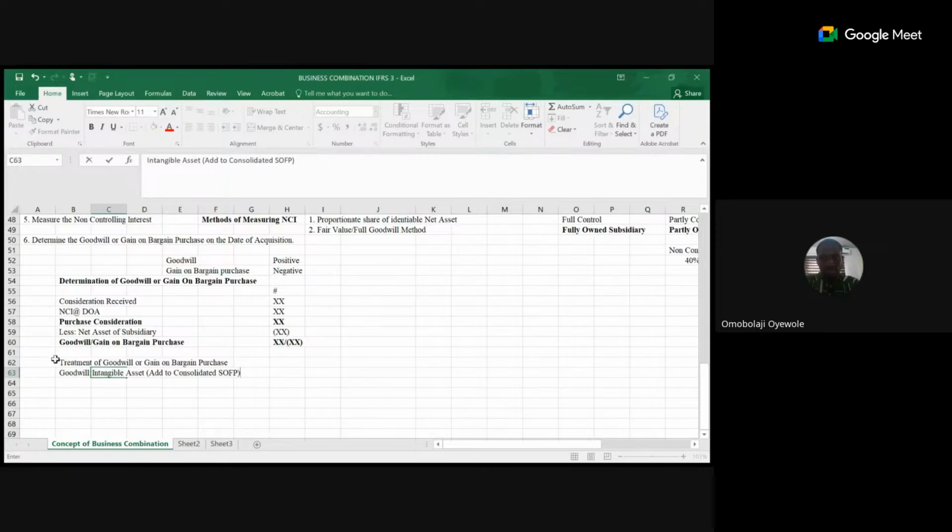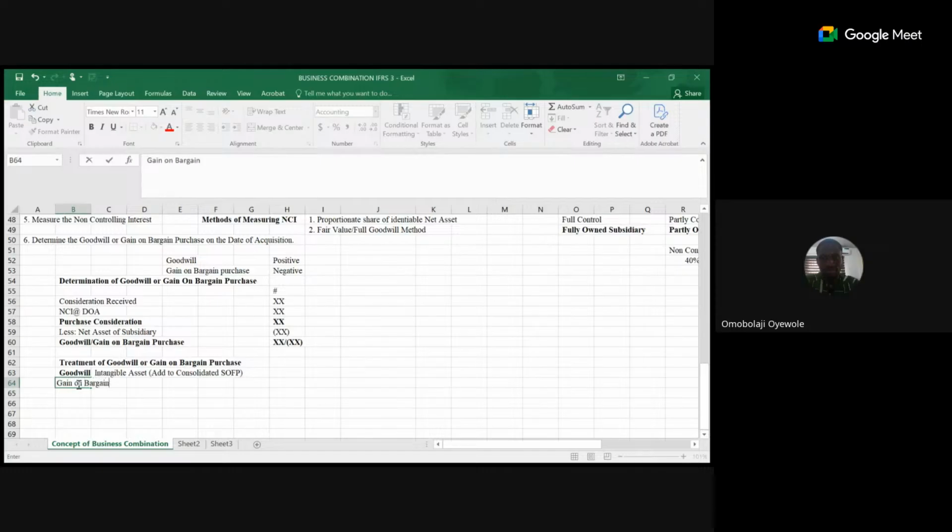That's treatment of goodwill. So first of all, how do you know it is a goodwill? You know it is a goodwill when the result you have here is what? Positive. So if it is positive, it's a goodwill. So goodwill means an intangible asset. So as an intangible asset, you add it as part of your what? Consolidated statement of financial what? Position.